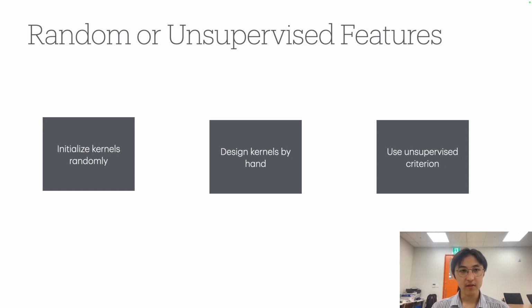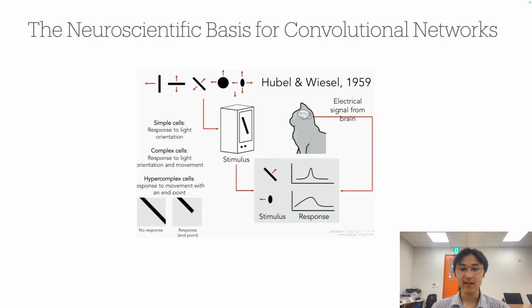So that's about that topic. And another topic I want to talk about is the neuroscientific basis for convolution networks. Convolution networks came from neuroscience abstraction, and it basically comes from the experiment Hubel and Wiesel did in 1959 on a cat, studying how the cat's brain responds when the cat is shown different images or different objects.